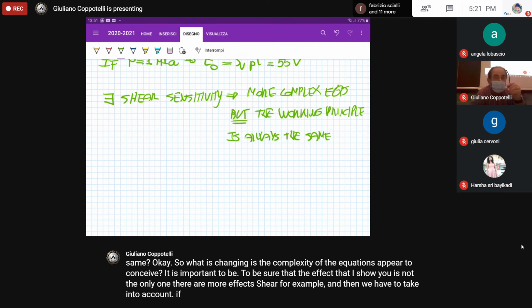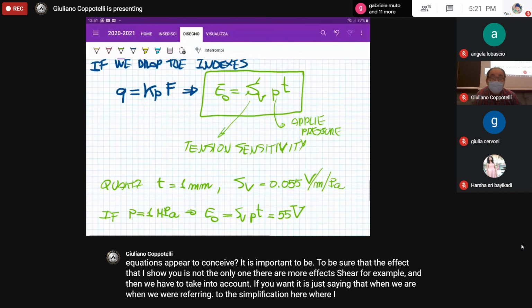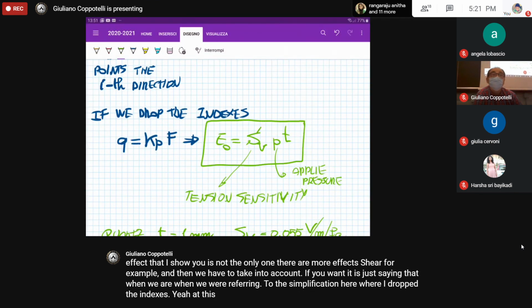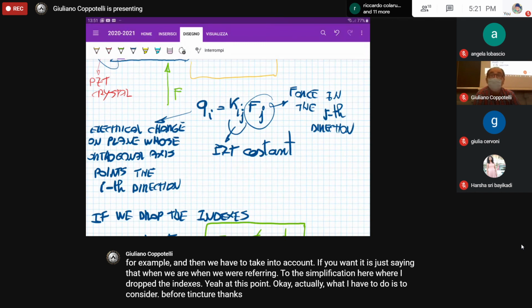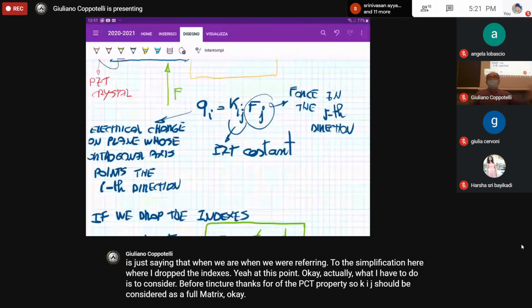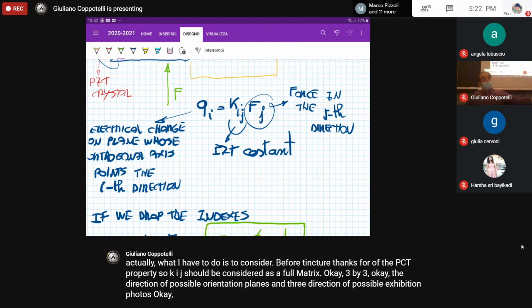When we were referring to the simplification where I dropped the indexes, actually what I have to do is to consider the full tensor of the PZT property. So k_ij should be considered as a full matrix, 3 by 3 for example, 3 directions of possible orientation planes and 3 directions of possible excitation forces.